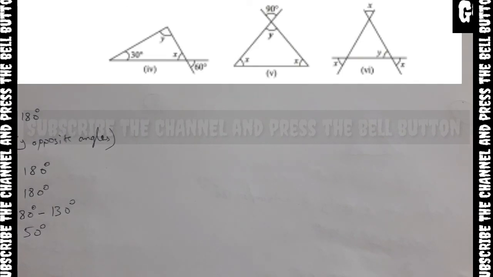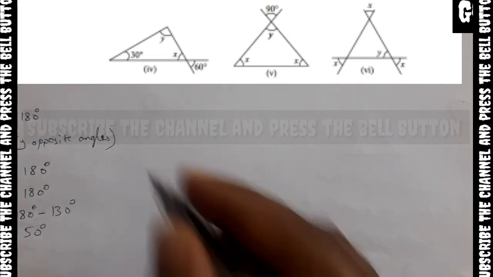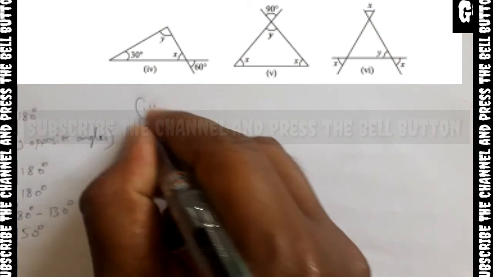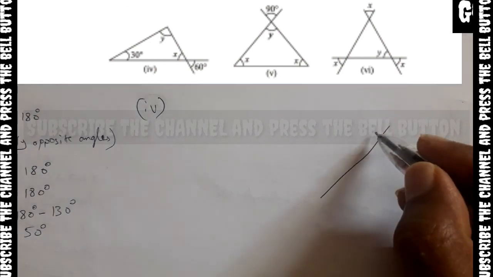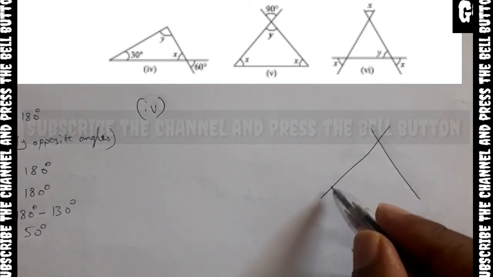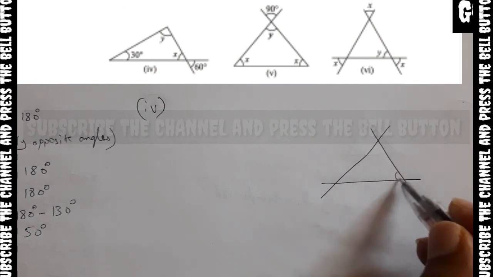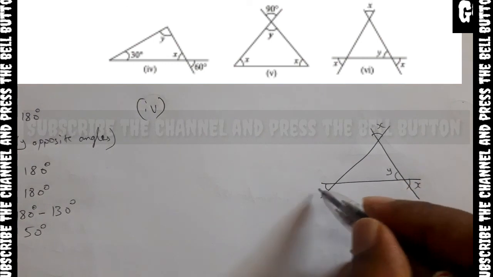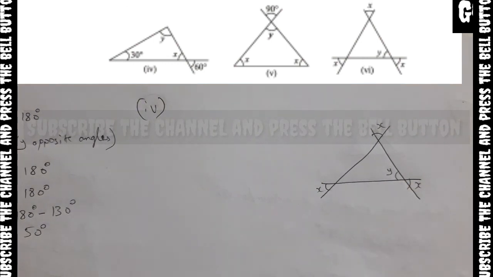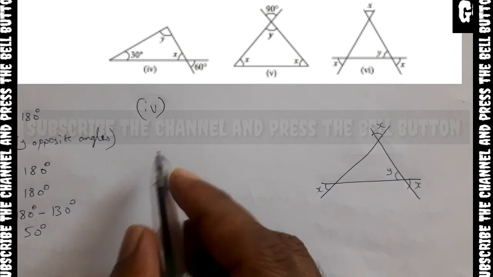Same exercise, sixth one, a little bit different. Same exercise, sixth one, the figure is given here. Roughly I am drawing it beside. Here y is given, and here x, x, x. This is the vertically opposite.